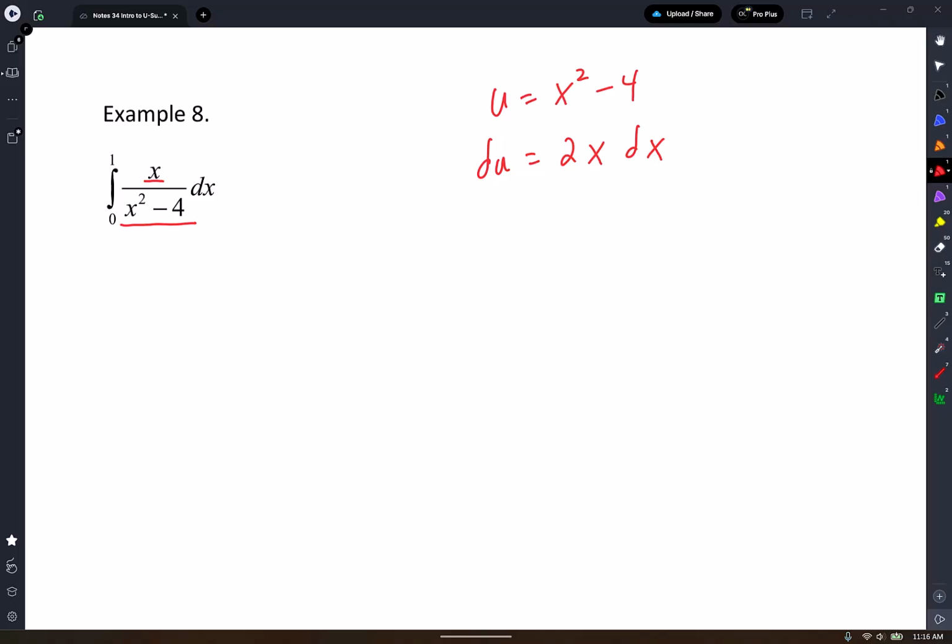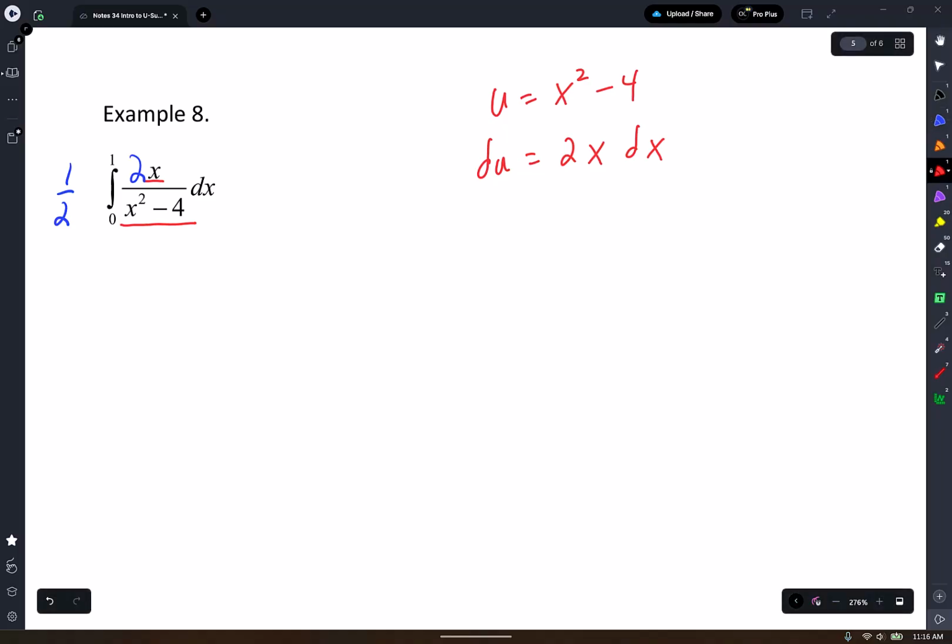Do I have a 2x dx in there? No, but I can force it. If I put a 2 right in front of that, what do I put in front of the integrand? 1/2. Do you guys see what we did there?